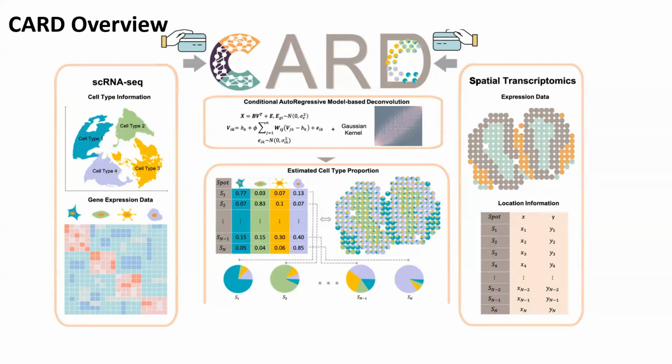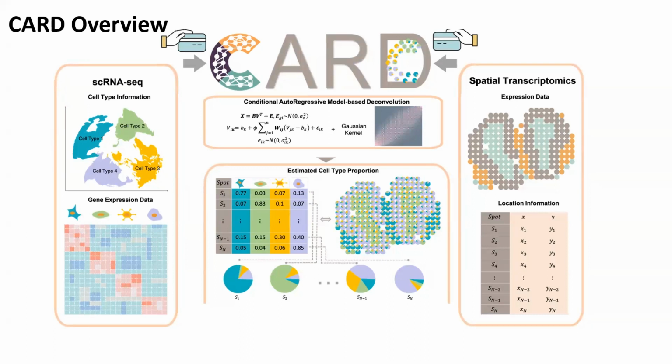The key product of this method is that you can estimate cell type composition on each measured location. For each measured location, you can express it as a pie chart. Each different color represents a different cell type, and the size of each slice represents the proportion of each cell type at that particular location.